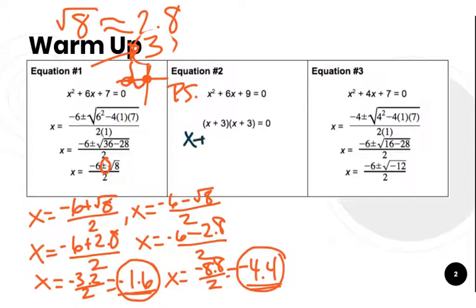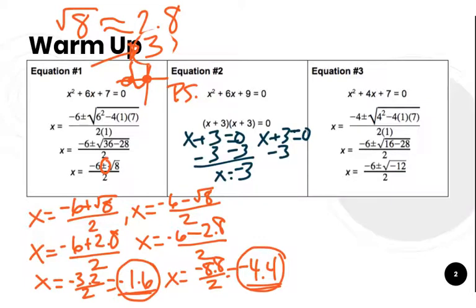So I have x plus 3 equals 0, and another x plus 3 equals 0. Okay, so now I'm just going to solve here. x equals -3. And again, I have x equals -3. If you notice, these guys are the same number, right?